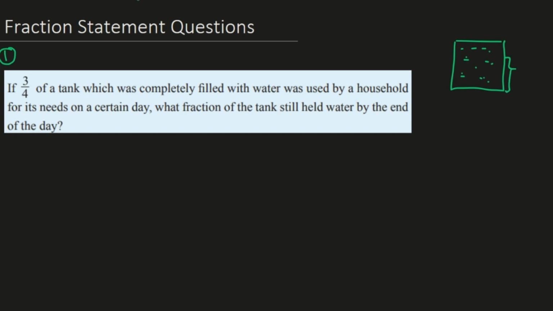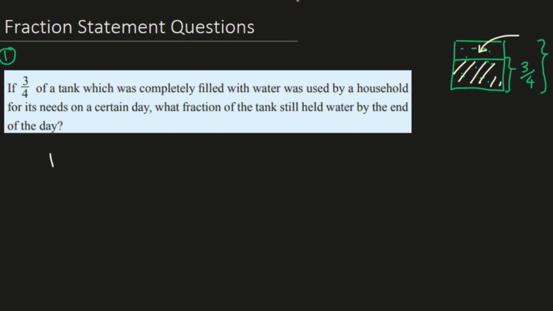They have used 3/4 portions out of the complete tank. So, what they're asking is, what fraction of the tank still held water by the end of the day? If I color the used amount of water with this white colored pen, then this amount will be the remaining part. It's easy, right?